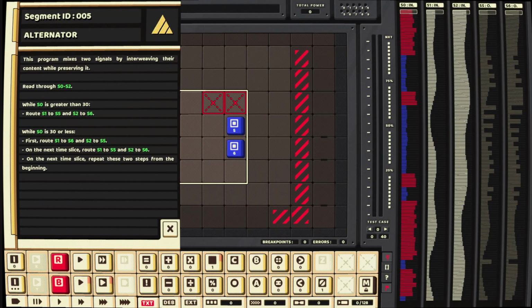This program mixes two signals by interweaving their content while preserving it. Read signals from 0 through 2. While S0 is greater than 30, so 0 is the control signal, we send 1 to 5 and 2 to 6. But if it's 30 or less, 1 to 6 and 2 to 5.